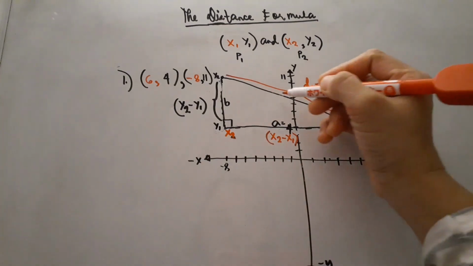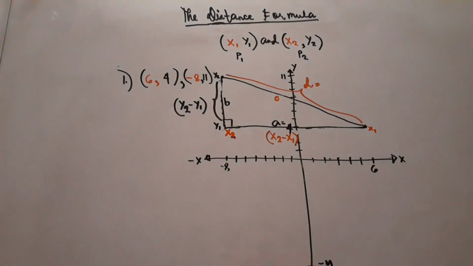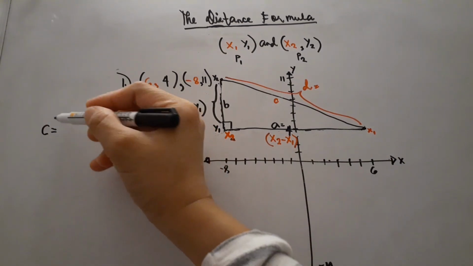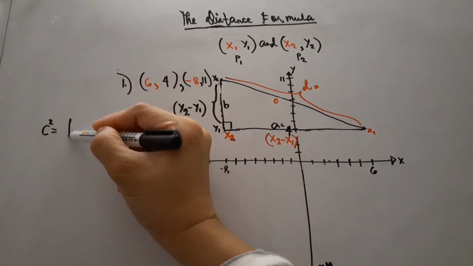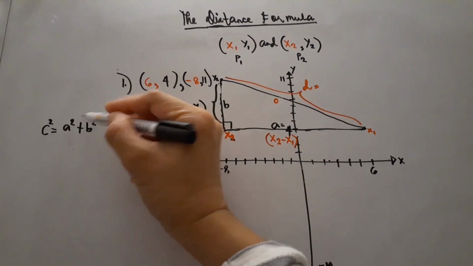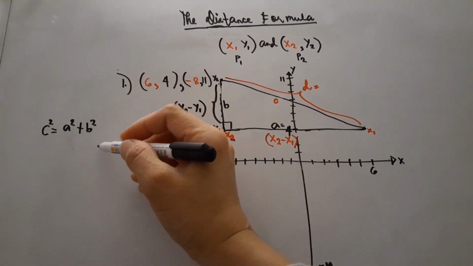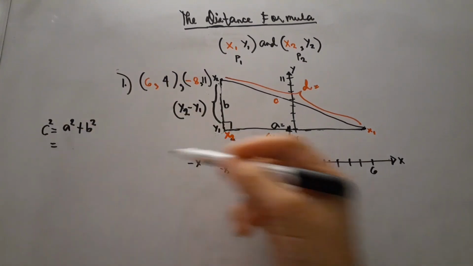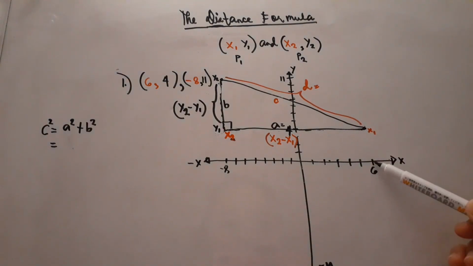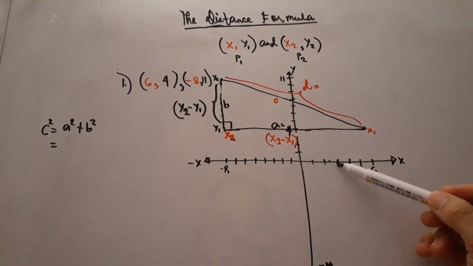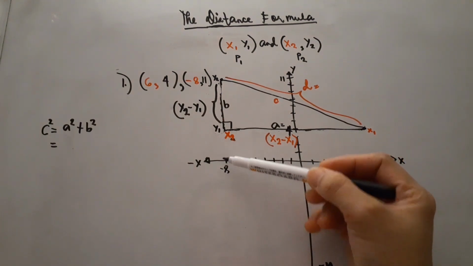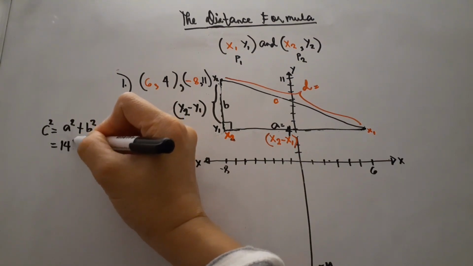Whatever their distance is. In geometry, we have c squared equals a squared plus b squared. This is the formula used in geometry. So if we use it here, we count the numbers going up here, so we have 14, so 14 squared.